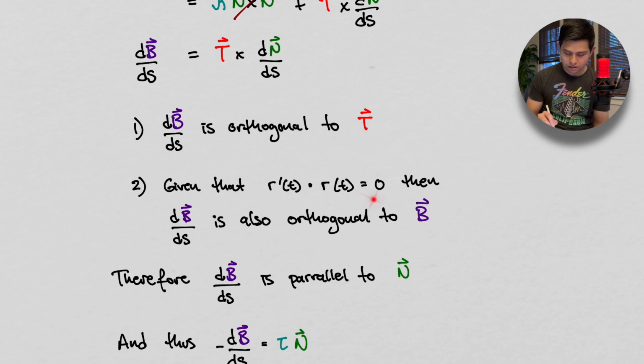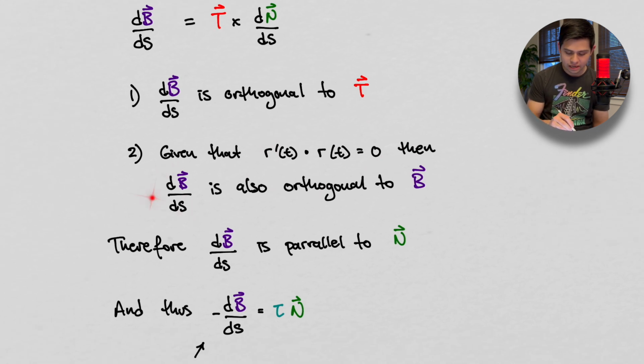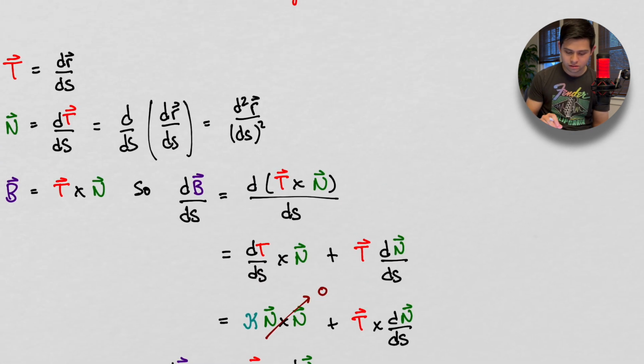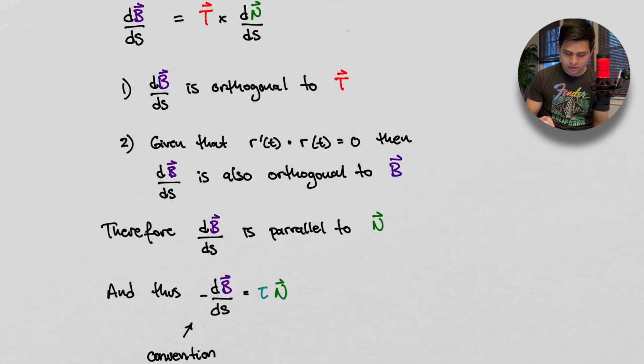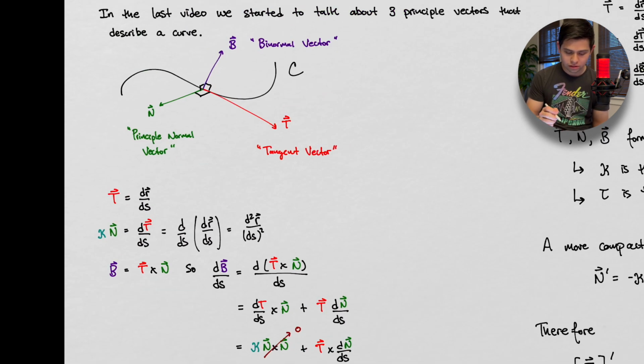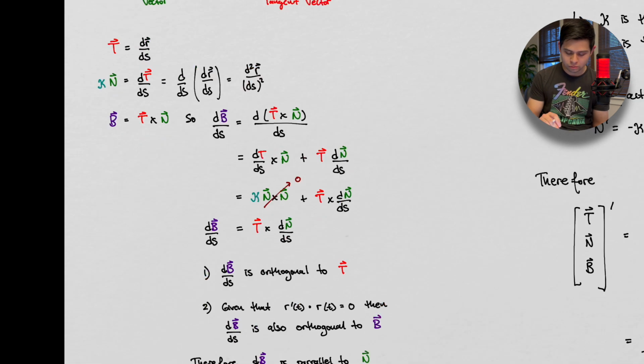And given that this here holds, something you probably learned in calculus, maybe in a special relativity course, given this equals 0, then dB/ds is also going to be orthogonal to B. So if it's orthogonal to T and also orthogonal to B, then it has to be along the direction of the principal normal.